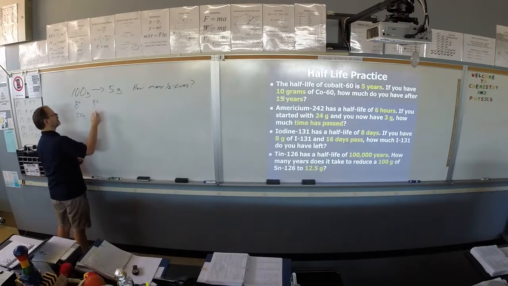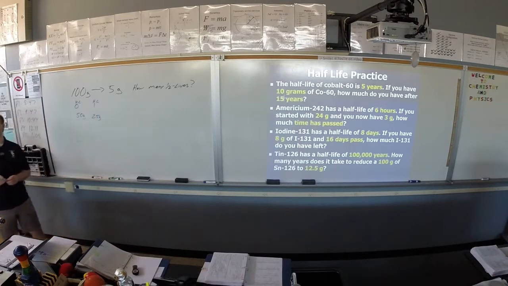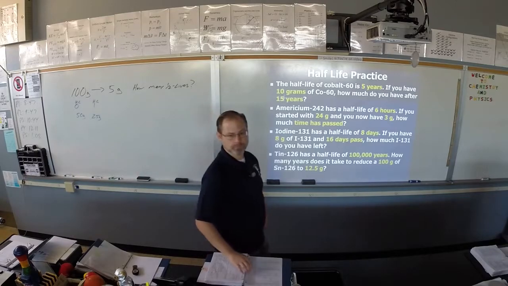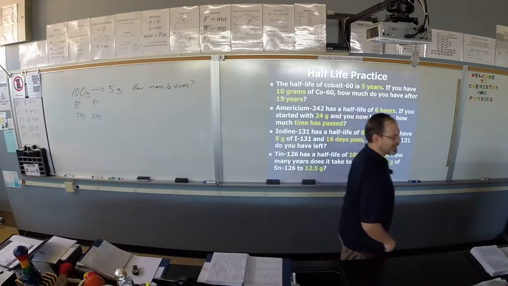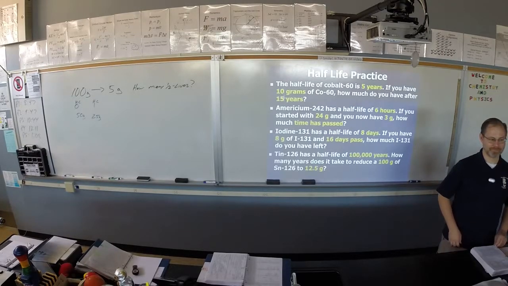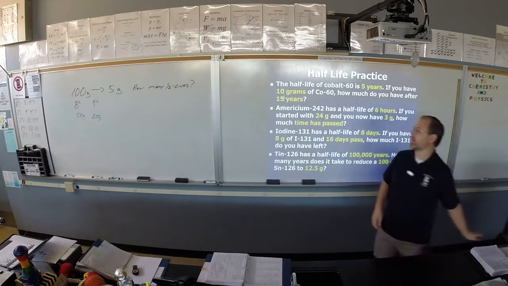After 1 half-life, how many do you have? 50 grams. So finish the chart and estimate how many half-lives, or fractions of half-lives, have gone by when you're down to 5 grams. Is it like Price is Right rules, closest without going over? No, just estimate it.